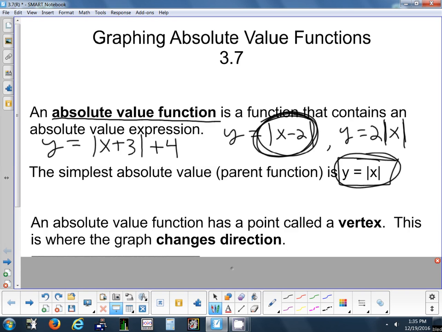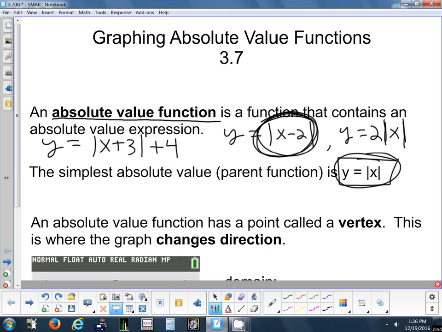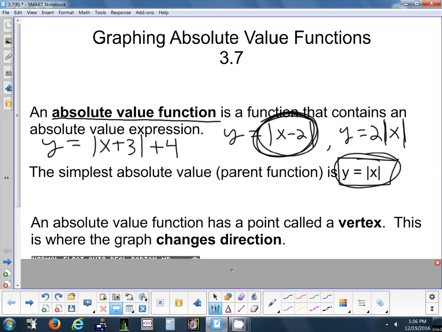An absolute value function has a special point in it called a vertex. Lines don't have a vertex in them, so this is something new. We've got a picture to show you what a vertex is. Has anybody ever heard that word before, vertex? Yes, exactly, like in geometry, for an angle.